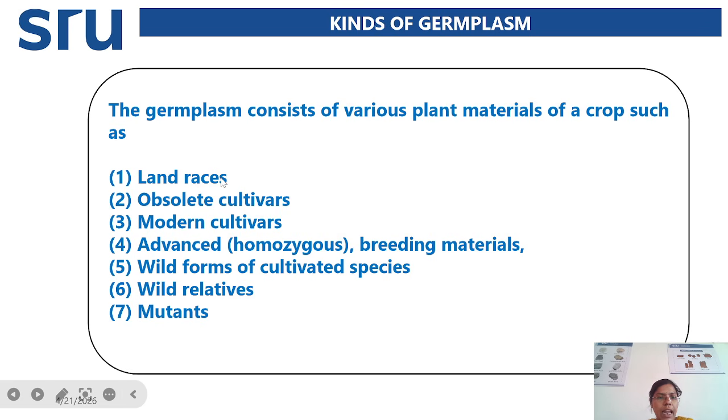The first one is land races, the second is obsolete cultivars, and the third is modern cultivars. The fourth is advanced breeding lines, which are mostly homozygous. Next are wild forms of cultivated species, then wild relatives, and the last one is mutants. So these are the seven kinds of germplasm. We'll discuss them one by one.